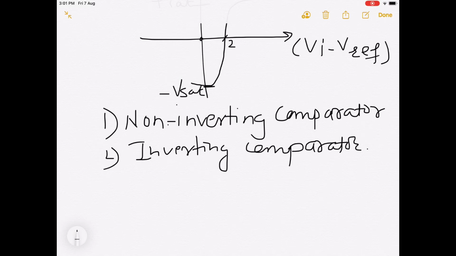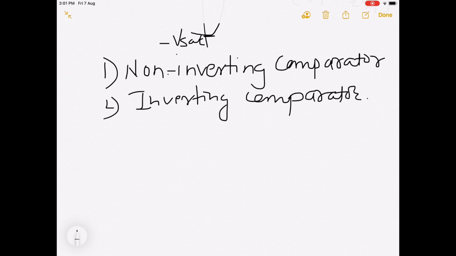As we have seen in the inverting amplifier and non-inverting amplifier, similarly here also we are applying the variable input to the inverting or non-inverting terminal of the op-amp, and according to that the name is there, inverting comparator and non-inverting comparator. First of all we will go for the non-inverting comparator.